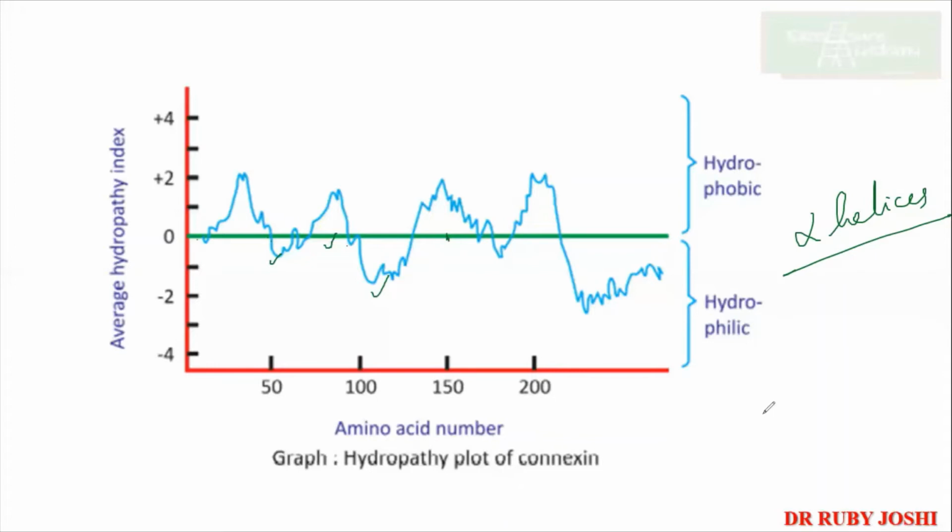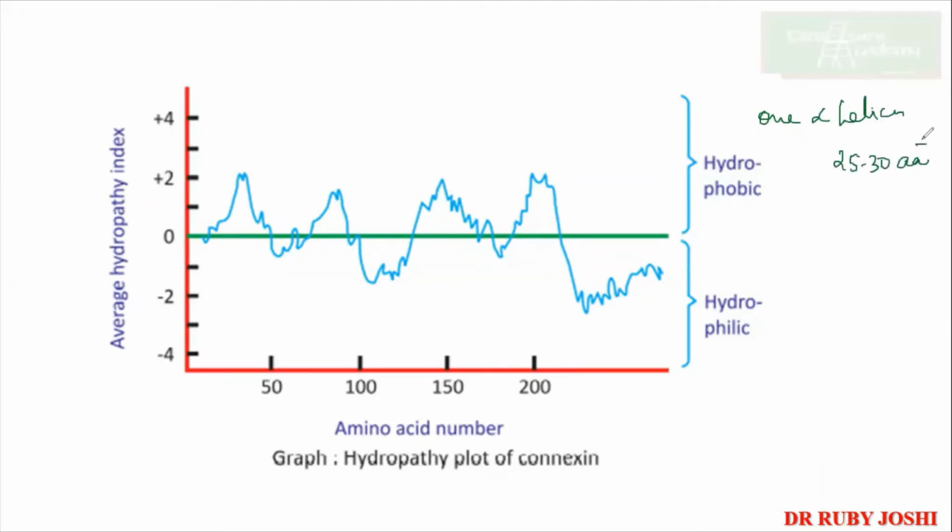Ma'am, 4. Yes, correct. Simple. We have already mentioned that one alpha helix in the transmembrane region is around 25 to 30 amino acids. Here also it will be almost that much, even if it is not starting from 0, around 25 to 30. From here to here also you can see, here to here also.